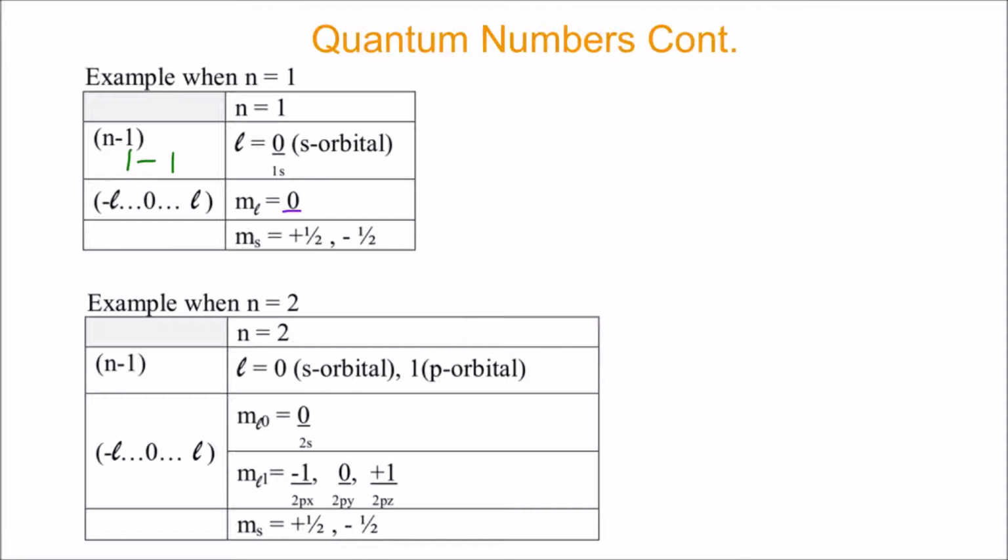What if we did helium? Helium has 2 electrons, and let's say I want to describe the second electron. Helium's first electron is going to be just like hydrogen's only electron, but helium's second electron is going to be different. Let's go through that one. Helium is in the first energy level, so it's going to have a principal quantum number of 1. The L value is still 0, which tells me it's an s orbital.